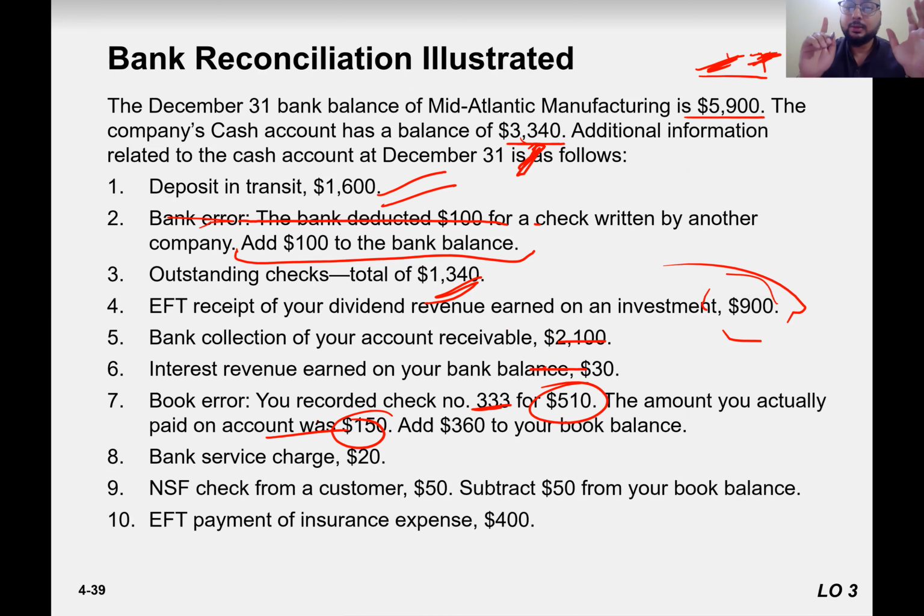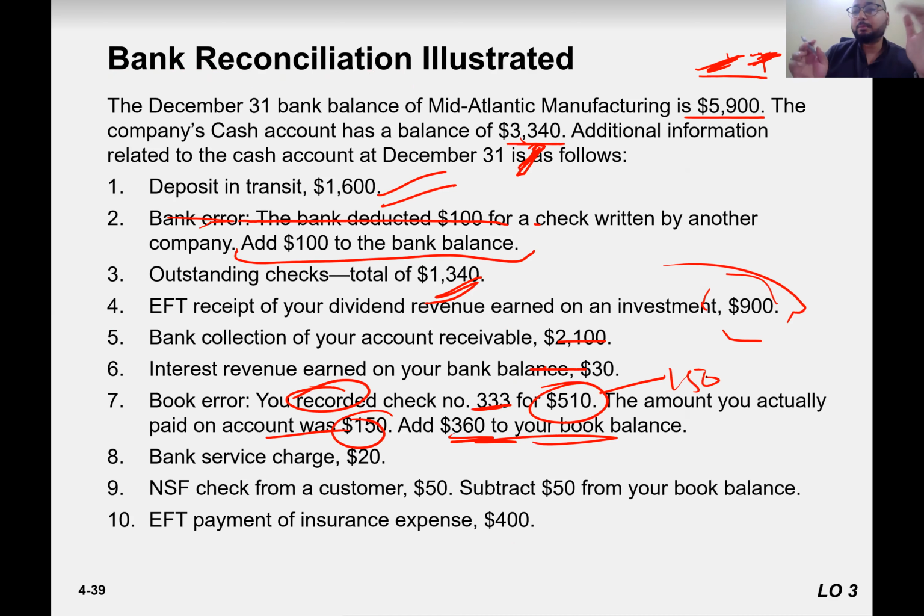It means you wrote the check for $150, but you recorded it in your books as 510. So you mistakenly recorded a $150 check as 510. So it means 360, which is the difference, should be added back to the book side, right?